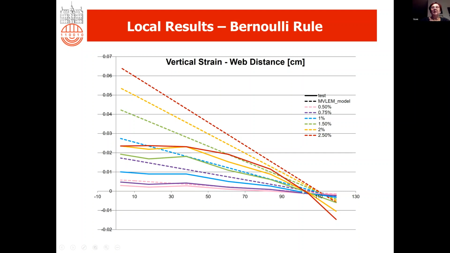At strong excitation, we can see that the discrepancy is quite large. So to predict the strains, the element is not very accurate, but this is also a problem in other elements. And we can see that the Bernoulli hypothesis is not appropriate anymore in the walls. And this is a problem that should be solved in general.